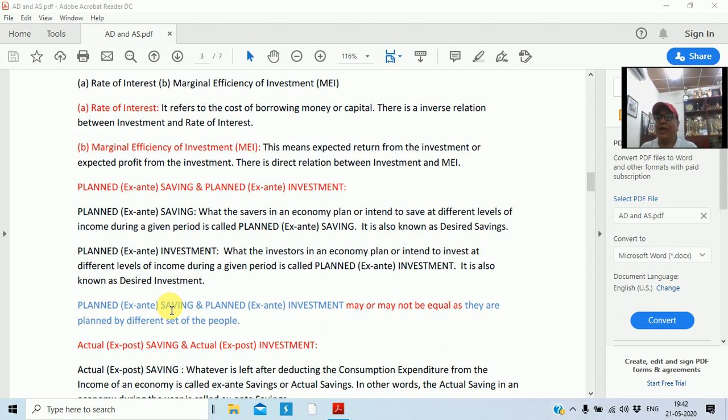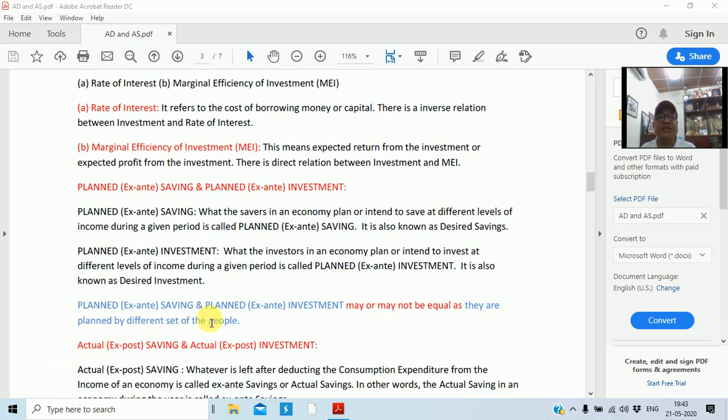Possible. What I think, you may also think. It is not impossible. But at the same time, it will not be possible all the time. So we say that this ex-ante saving or planned saving or desired saving may or may not be equal as they are planned by different sets of people.